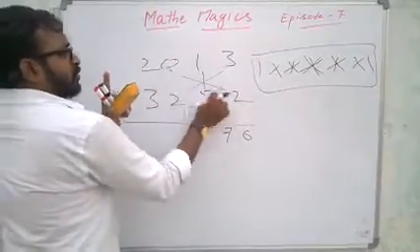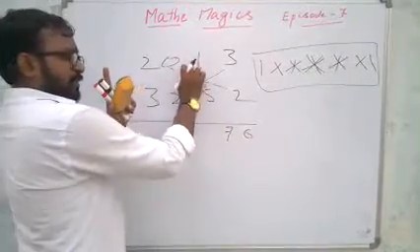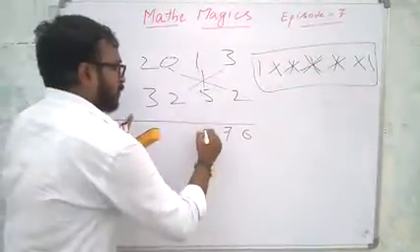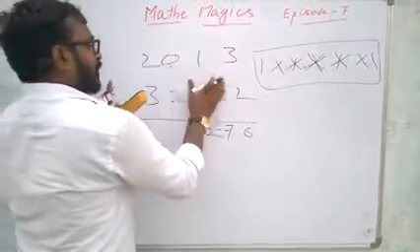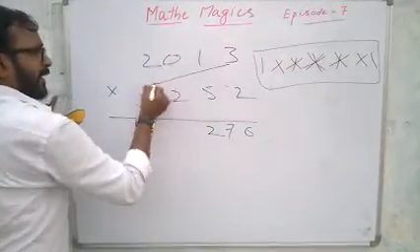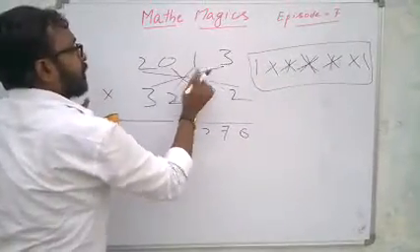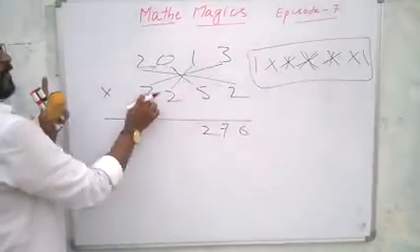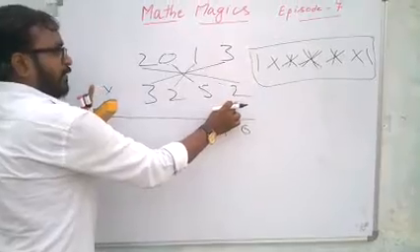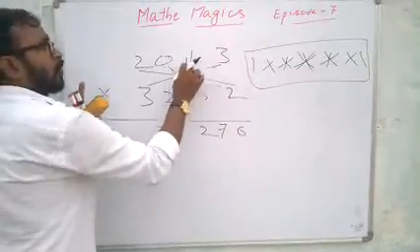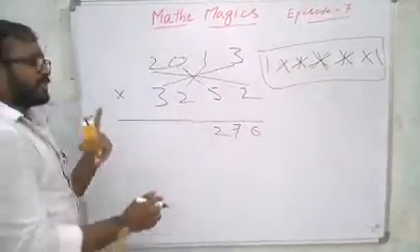3 times 2 is 6, 2 times 0 is 0, 5 times 1 is 5, 6 plus 5 is 11, 11 plus 1 is 12. Now these three: 3 times 3 is 9, 2 times 2 is 4, 13, 5 times 0 is 0, 13, 2 times 1 is 2, 13 plus 2 is 15, plus 1 is 16.